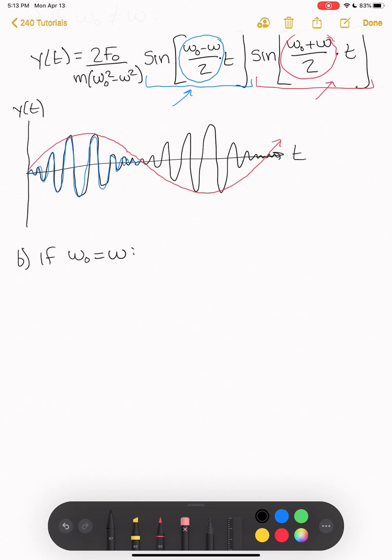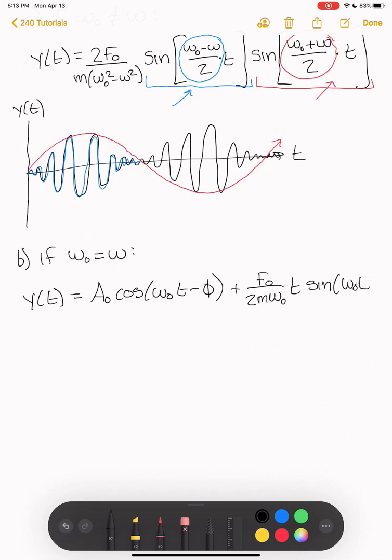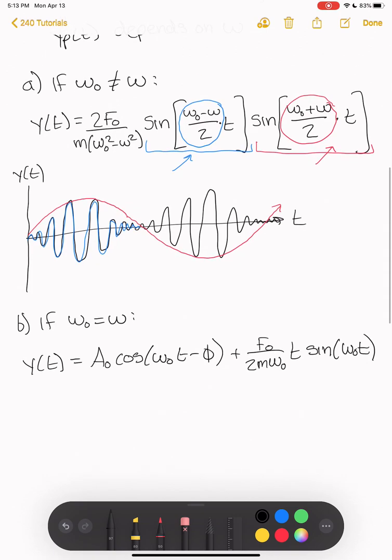Reading out of the textbook again, our solution is a naught cosine(omega naught t minus phi), which again is just our complementary function, plus f naught over 2m omega naught times t sine(omega naught t). Okay, again, long solution, but you recognize this. This is our complementary function, and this is our particular solution. We add the two of them, and we're good to go.